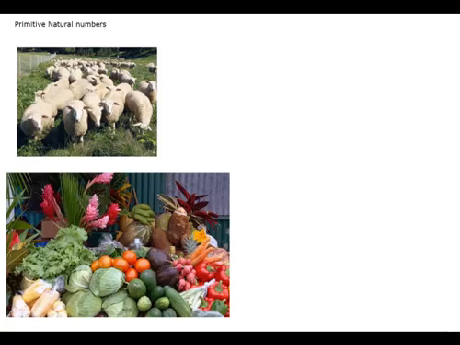Remember, the numbers that you now use for counting were not available to them. For example, 0, 1, 2, 3, 4, 5, 6, 7, 8, 9 and 10, 11, this system was not available. So how did they count?